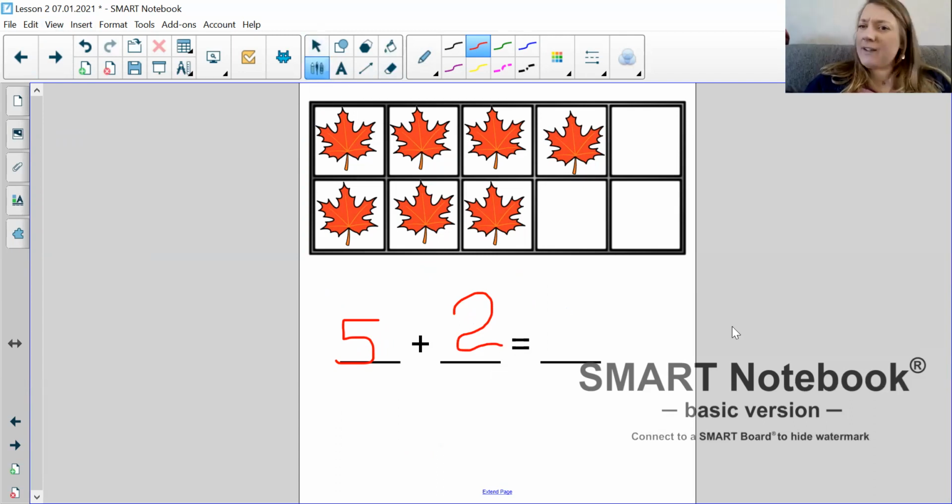So first 5 leaves fell, then another 2 leaves fell. How many fell altogether? 1, 2, 3, 4, 5, 6, 7. I'm going to write the number 7 at the end of my number sentence. And now that number sentence says 5 add 2 equals 7. Fantastic.